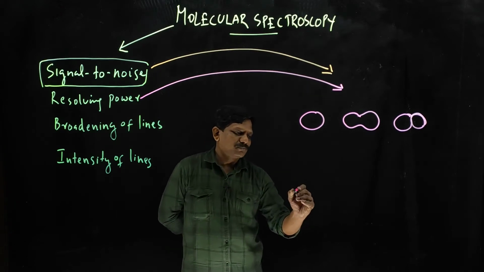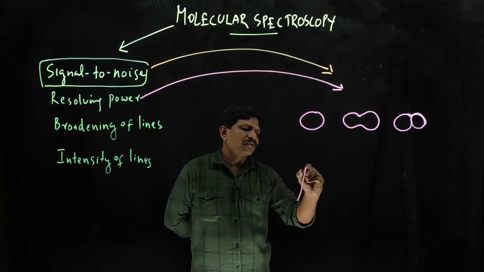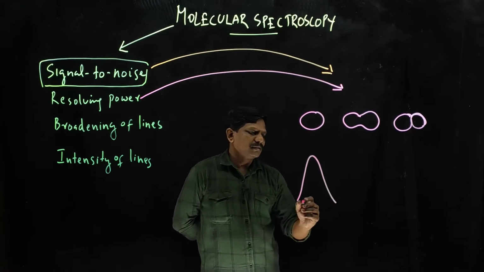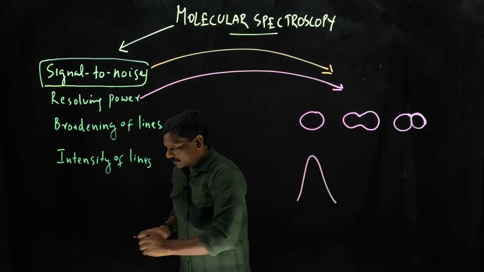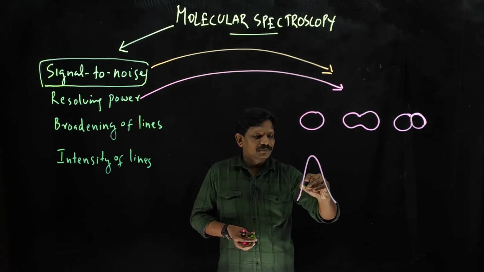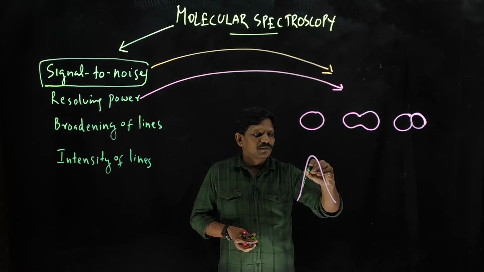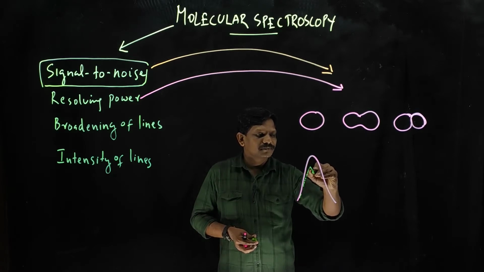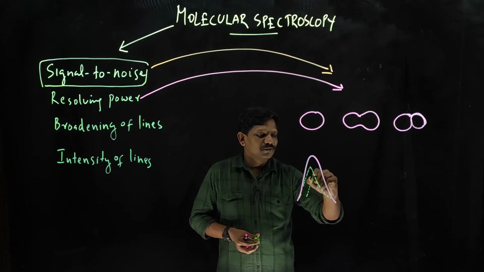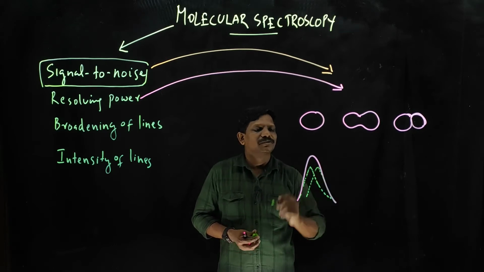So what about our spectra? The low resolution spectrum will simply be like this. Actually this spectrum consists of two lines, but it is not visible.